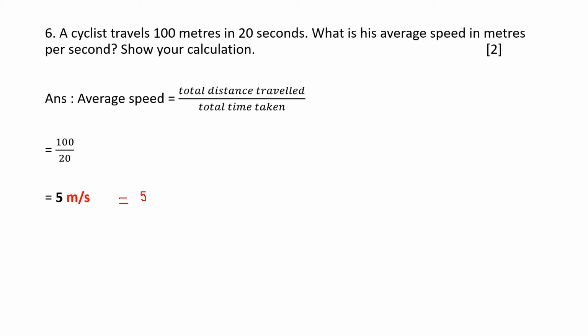So this is one technique you need to remember. 5 into 18 upon 5. Yes, this converts it. So when you multiply, what do you get? This 5 gets cut off and you are left with 18.